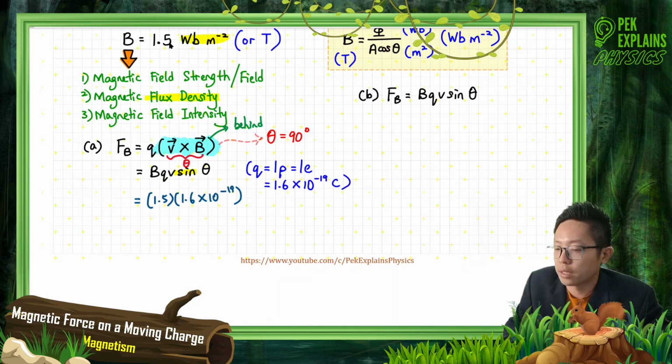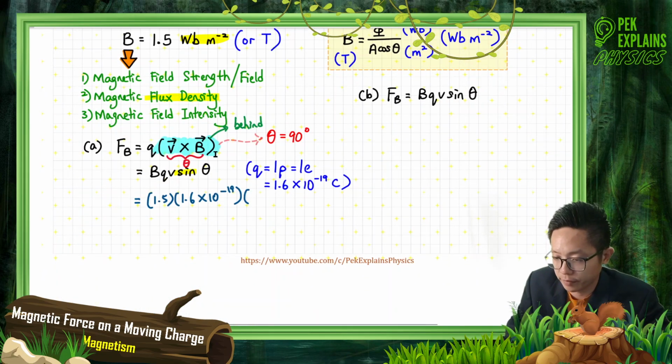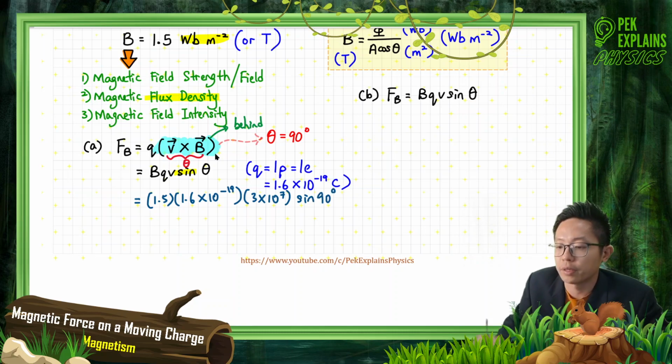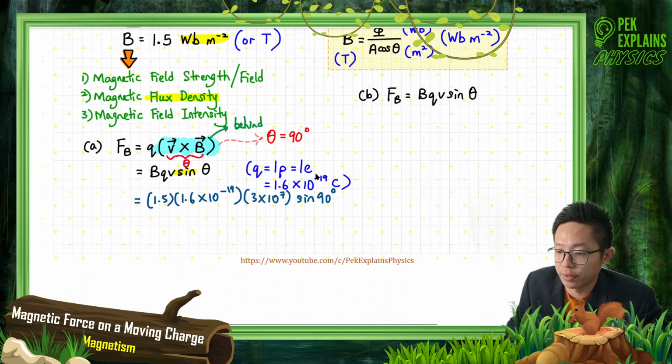And then the velocity is 3 × 10^7. And then sine 90 degrees, because between velocity and magnetic field is 90 degrees, perpendicular. And we know that sine 90 is equal to 1. Actually it is considered to be maximum.